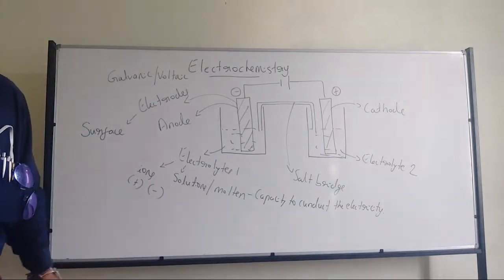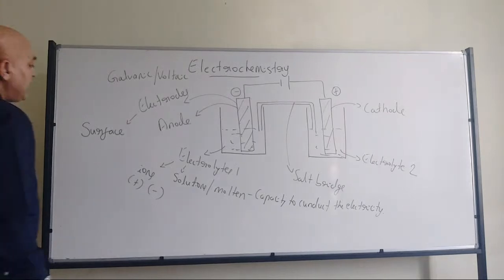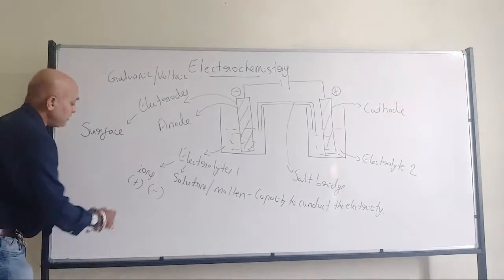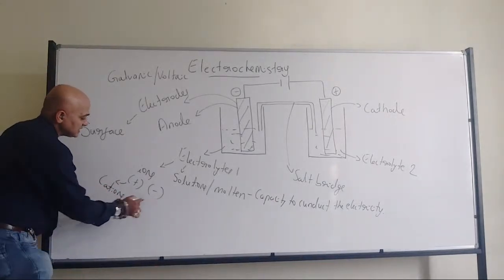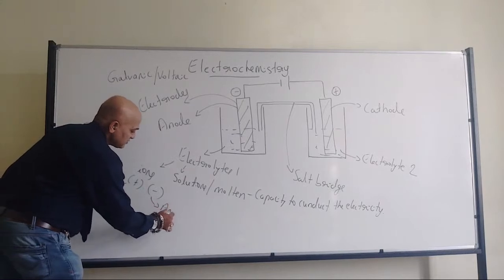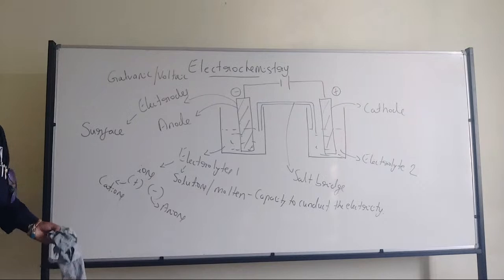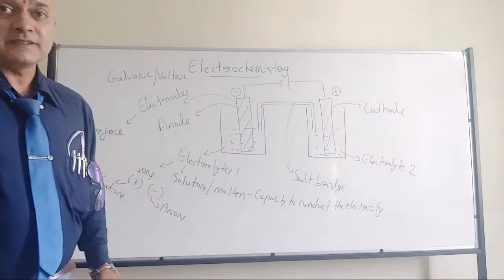That is the speciality of the electrolytes. All of us know that positive ions will be cations and negative ions will be anions. All of you have understood? So please go through the definition of electrolytes.